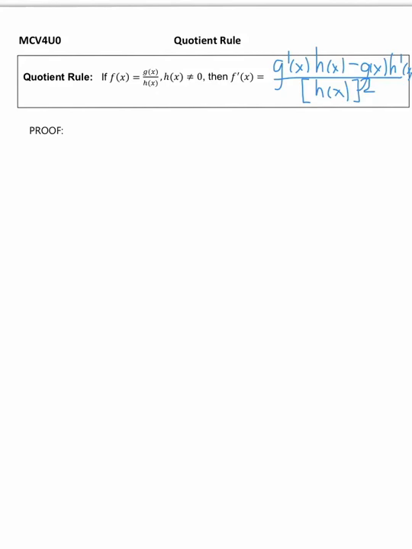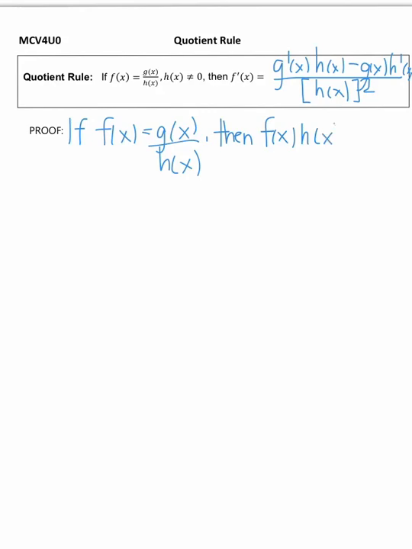Okay, so let's start with just our beginning. So we're going to say that if f of x equals g of x over h of x, okay, so there's our quotient function. Then we could write this as f of x times h of x equals g of x.